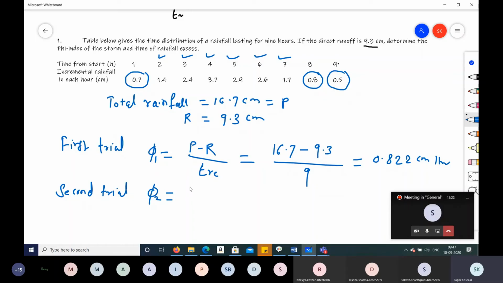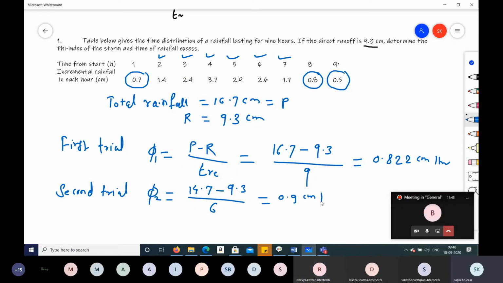Yes. 14.7, minus runoff. What is the value of runoff? 9.3. Divided by time, 6 hours only, equal to how much? 0.9. Yes, very good.